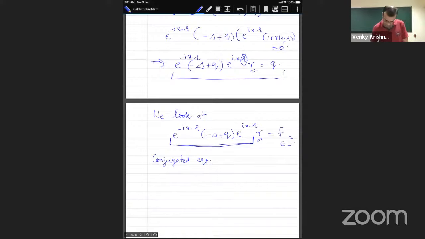If you just expand this, actually it doesn't matter, but I just want to expand this. So we would get the following equation.